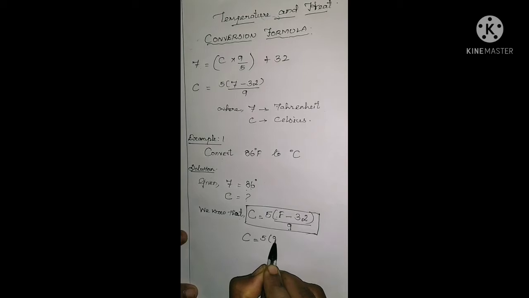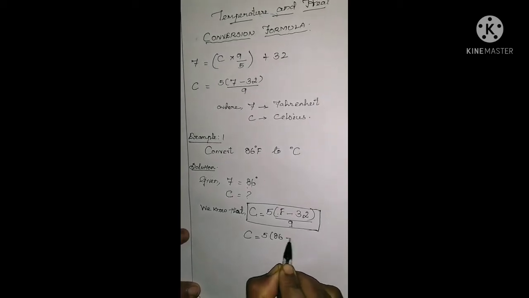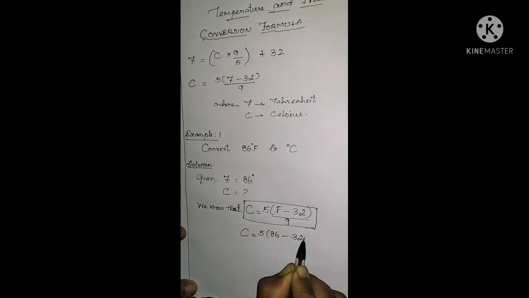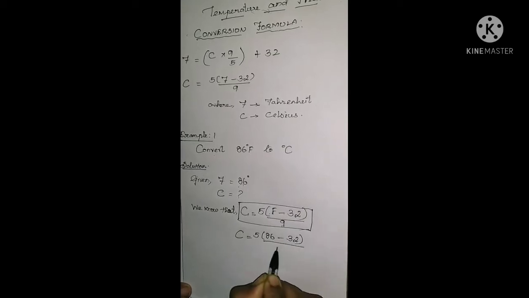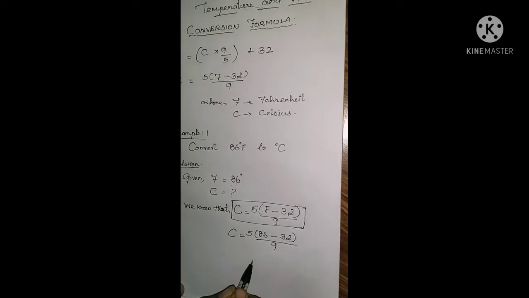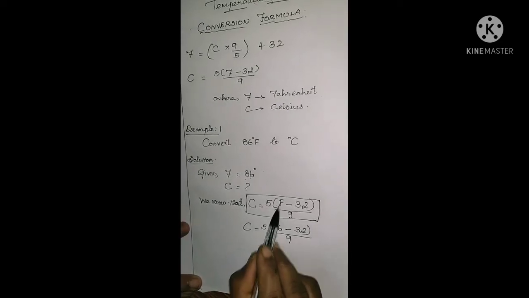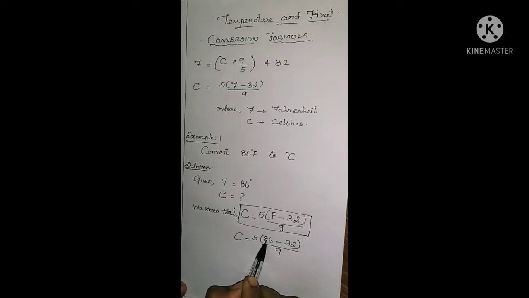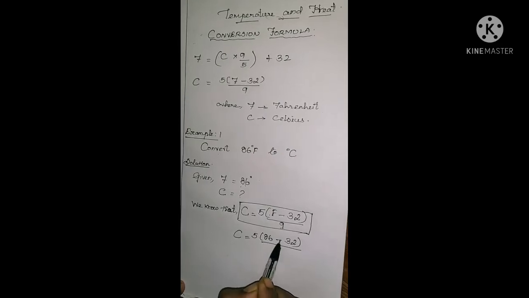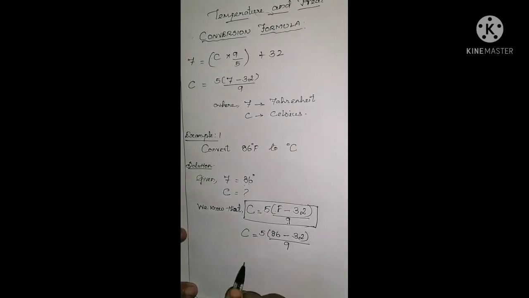So, substitute that 86 minus 32 divided by 9. Understand everyone? Instead of F, we have substituted the given value 86, minus 32 by 9.